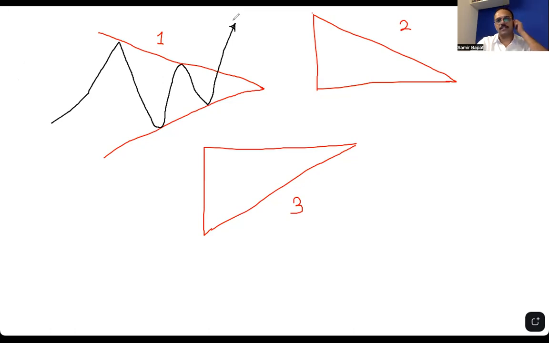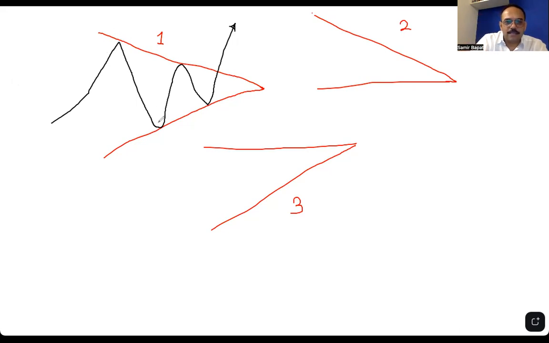If it breaks out on this side... So now, I will come back to this drawing again in another 10 minutes. But I want you to understand a very important thing, a very finer point which I want to share today.